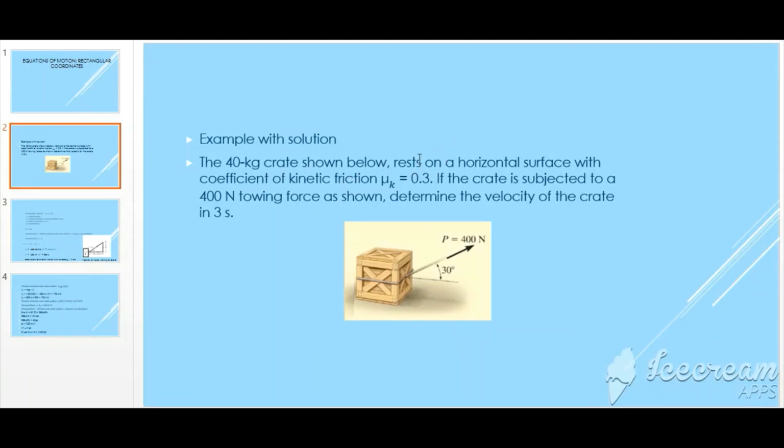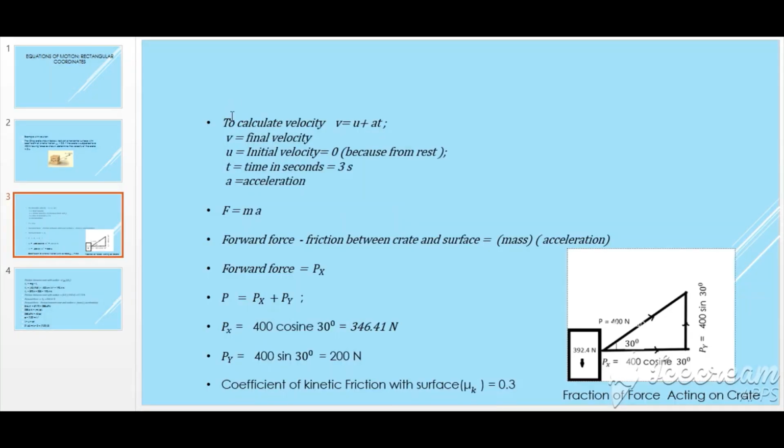The crate is 40 kg and starts from rest. We have to determine the velocity after 3 seconds. The formula that we're going to apply to calculate this velocity is v equals u plus at, that is, final velocity equals initial velocity plus the product of acceleration and time.